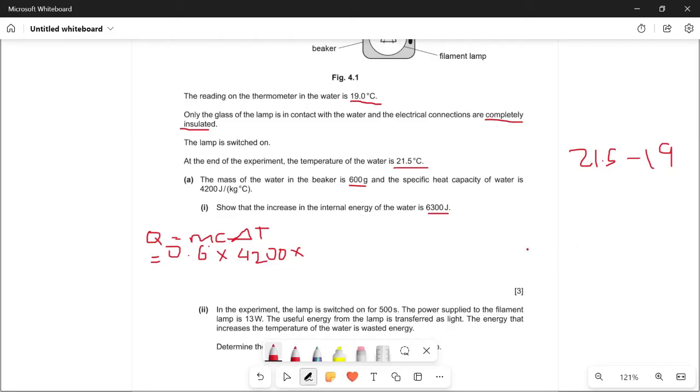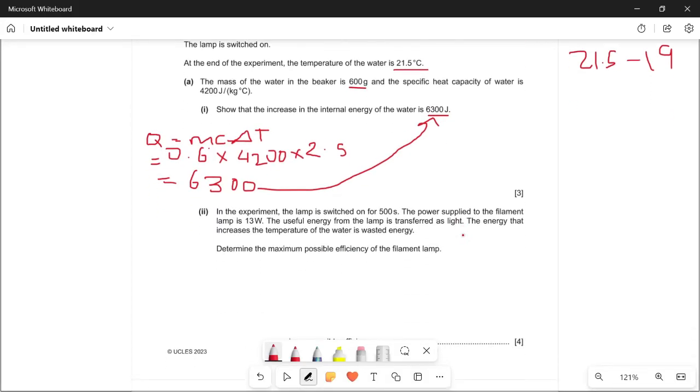Now that would be equal to 2.5. Now we can multiply all these to find the energy. So 0.6 times 4,200 times 2.5, which would give 6,300. So this is equal to this one. So we have proved it.